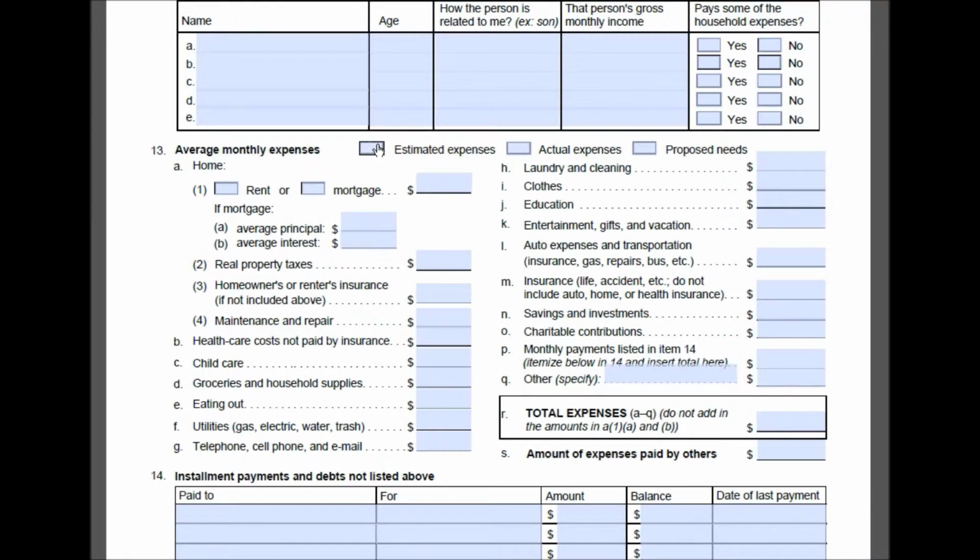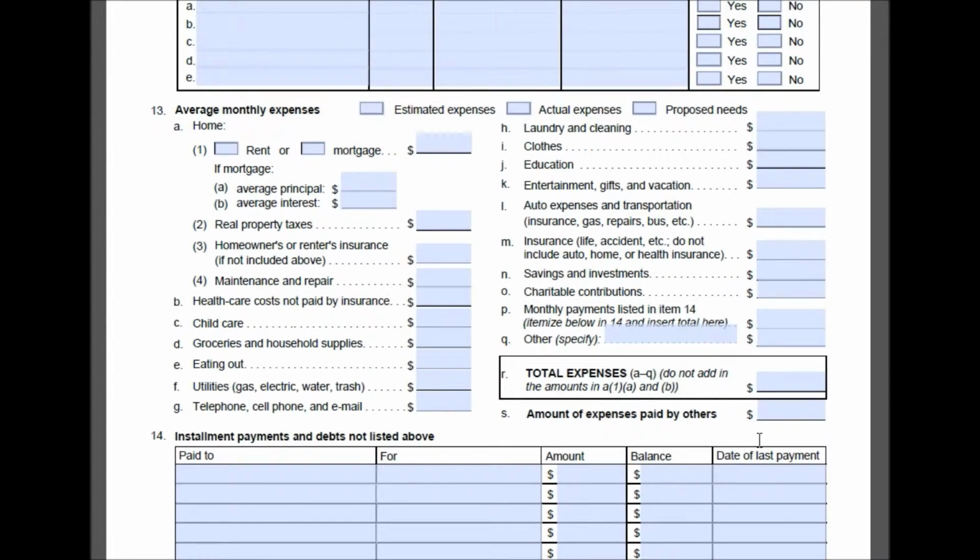Are the figures you're going to put down estimated figures? Are they actual expenses that you actually have experience with? Or is the budget what you think you'll need going forward? You've got to pick one of these, to give all the figures some context.